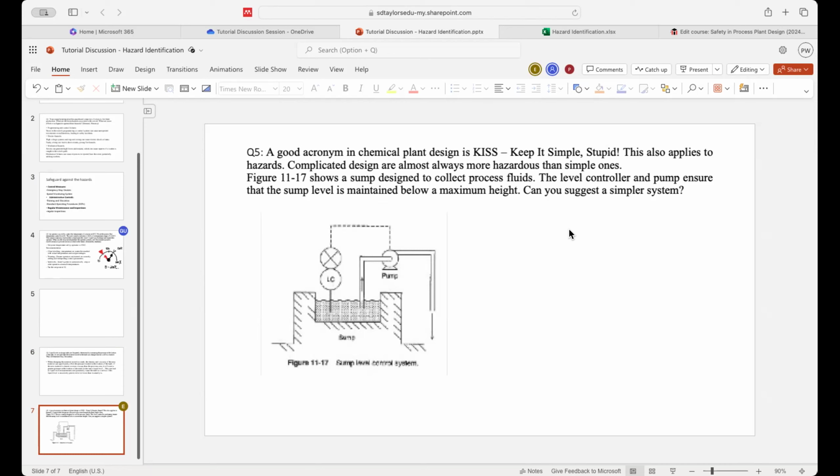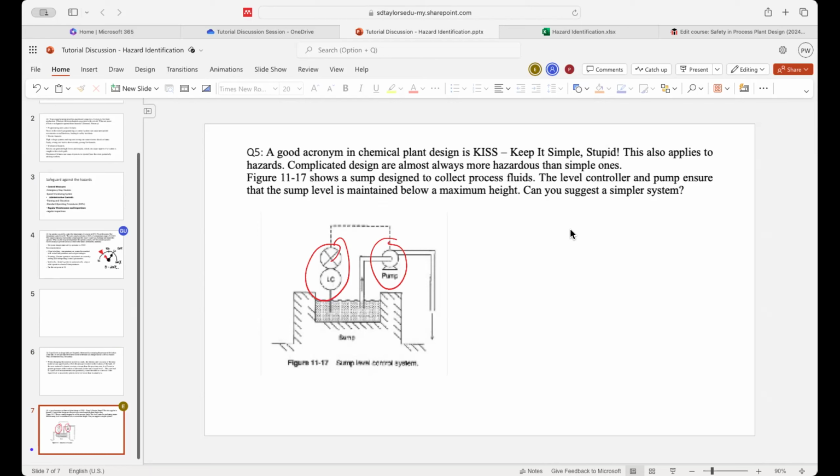Why? Because you have to maintain the pump. You have to maintain the control system. Anything that goes wrong, your system will have an overflow. So a simpler way to change this is that you just have to open up.